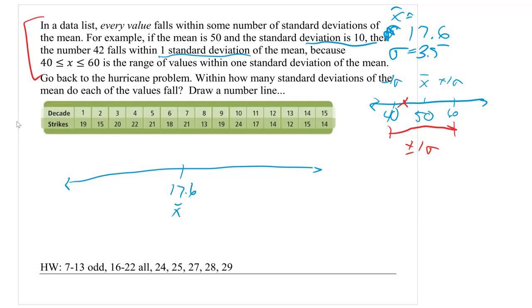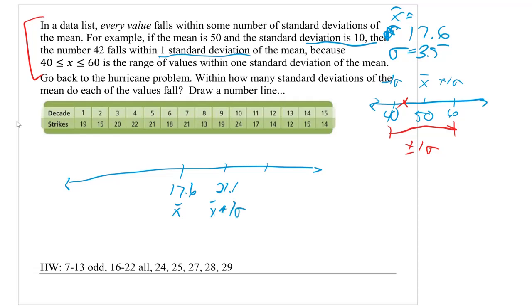Then you're going to add sigma to the mean several times. So if I add one sigma to the mean, I'd be adding 3.5 to 17.6, and I get 21.1. Now that is X bar plus 1 standard deviation.